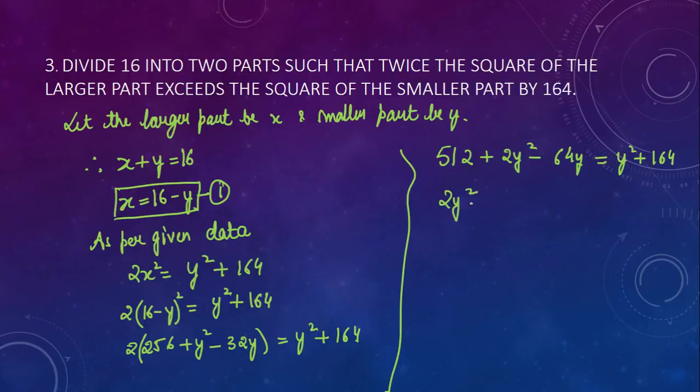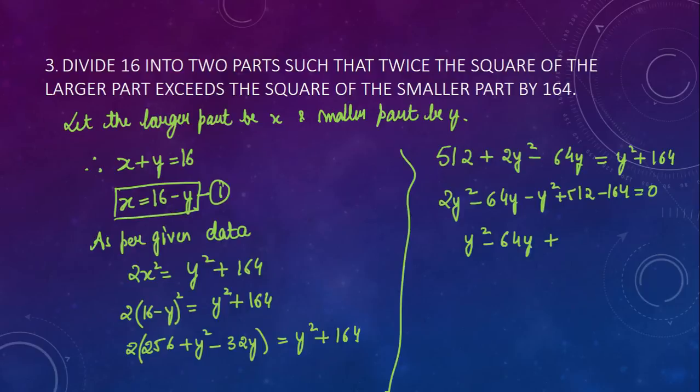You get 2y square minus 64y minus y square plus 512 minus 164 is equal to 0. So now 2y square minus y square becomes y square minus 64y plus 512 minus 164.